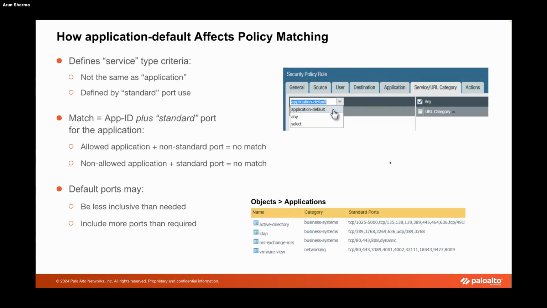Moving on. Over here, there's a snippet under Objects, Application. If you try to view any of the applications under objects, it will show you all the standard ports which are used by that application. So for Active Directory, these are the range of ports, LDAP, MS Exchange.